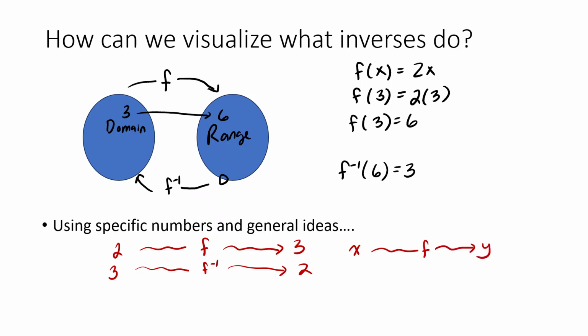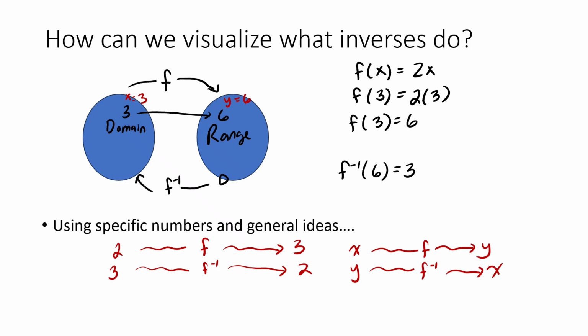Okay, so in this case, we had like x was equal to 3 and the y value was equal to 6. The inverse is going to take that y and map it back to an x. So that's what inverses do.